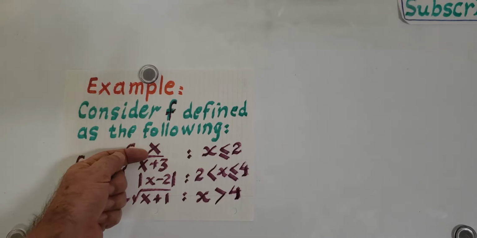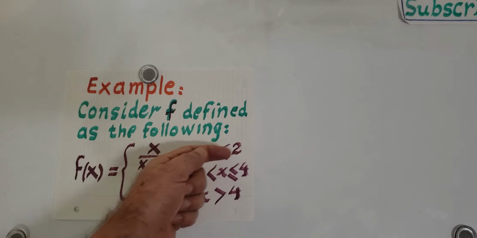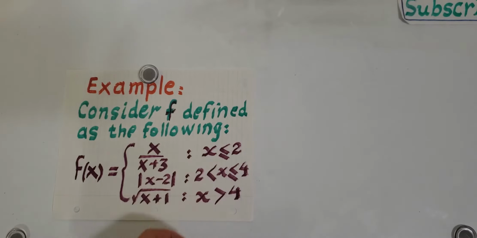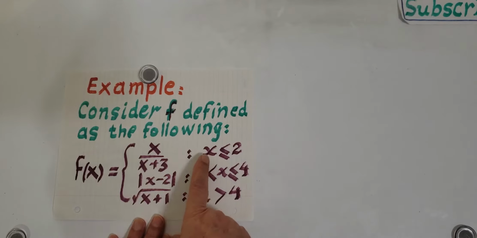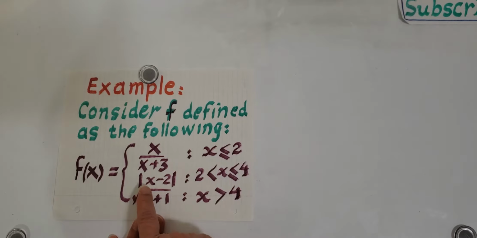Each equation has a certain domain. For the first one, the domain is x less than or equal to 2. For the second equation, the domain starts after 2 and goes up to 4. The third equation is for x greater than 4.